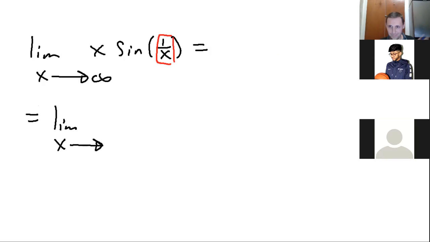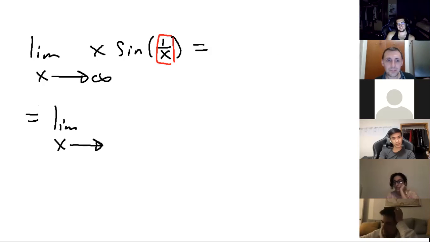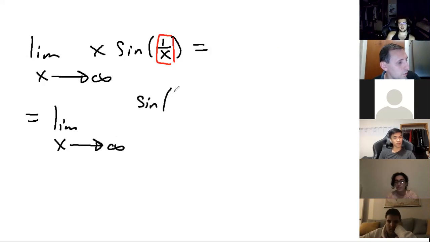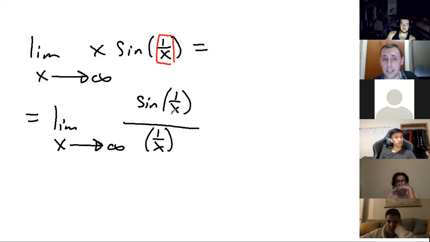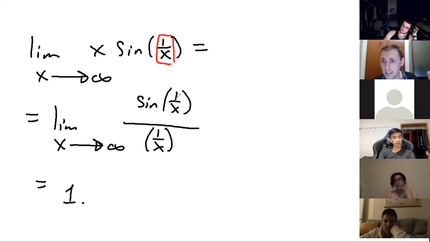So the limit as x goes to infinity, I can write as sine of 1 over x, and to multiply by x is the same as to divide by 1 over x. Now, do you see that it's a perturbation that goes to 0 over a perturbation that goes to 0, which makes the limit equal to 1? Because it's really the same as h over h, you understand? There is no h, it's just that when x is large, sine is getting small numbers, and we divide by the same small numbers. Yes?